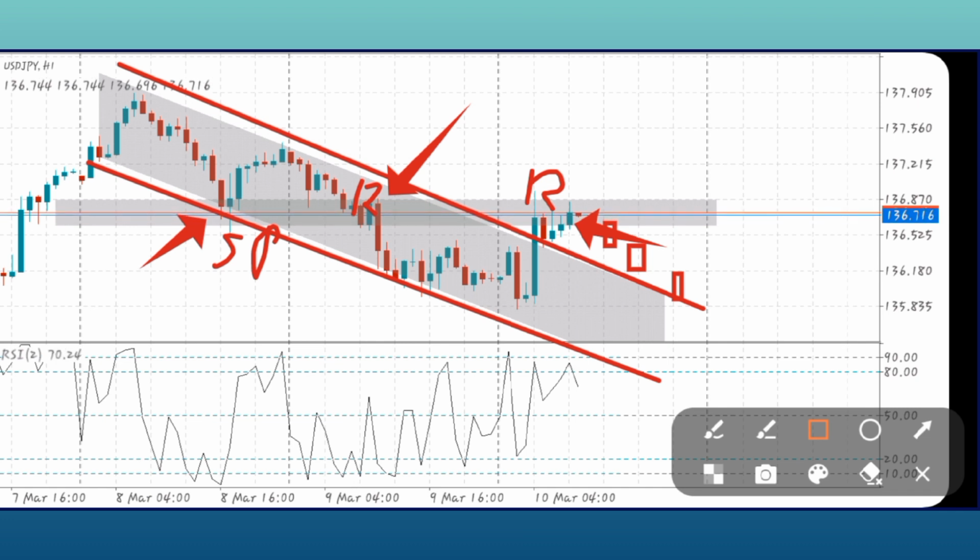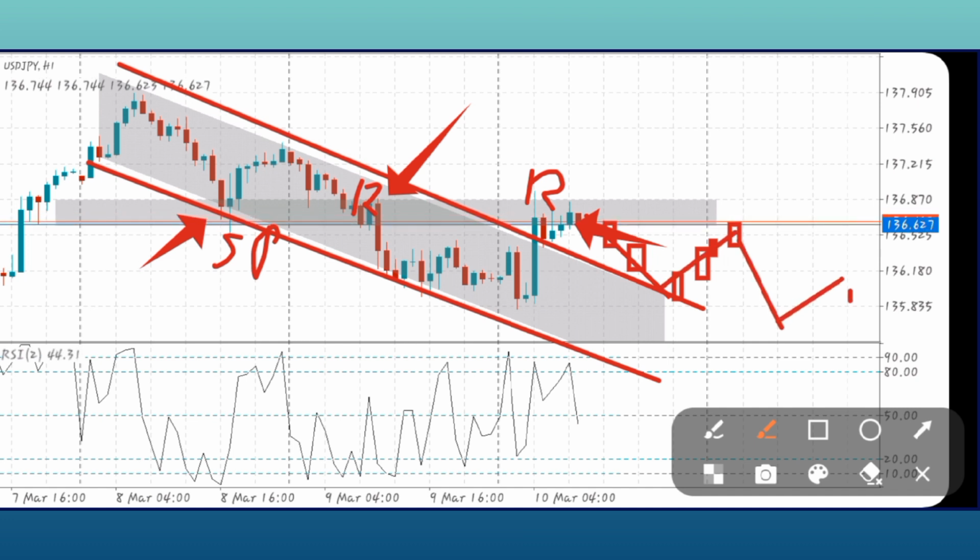Probably when you hit the channel, it will begin to form another candle up. Okay, so this is the kind of movement I'll be expecting, and then it will continue down and so on, or it may even be from this point down.